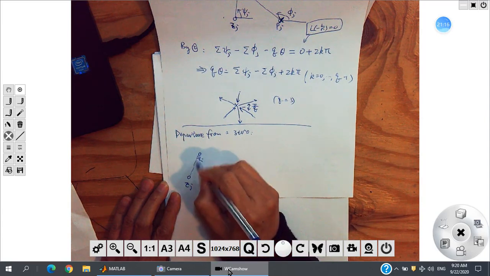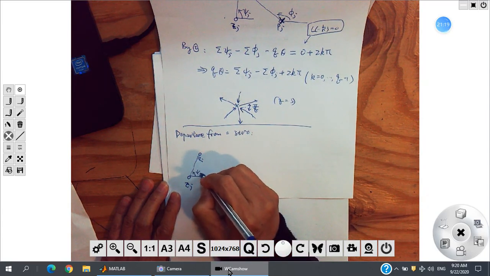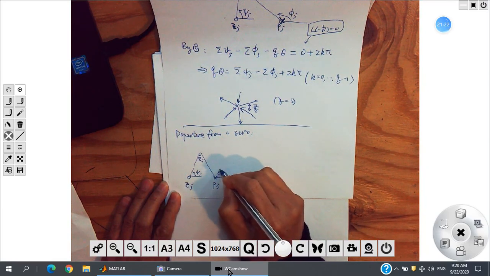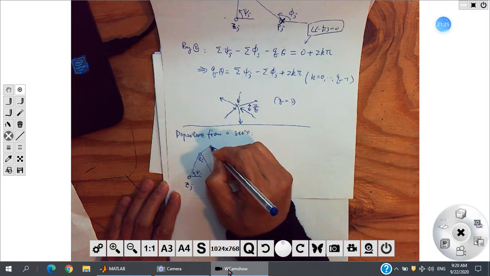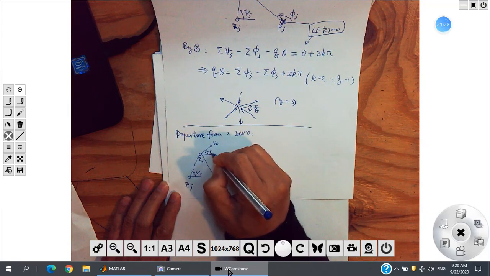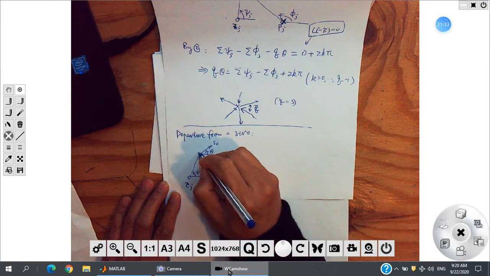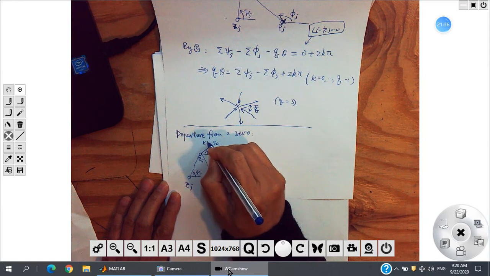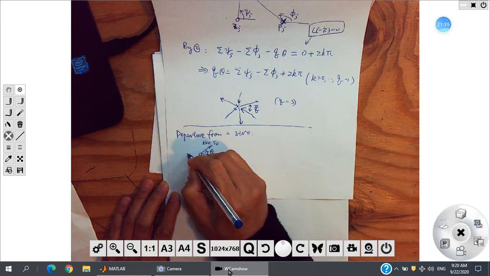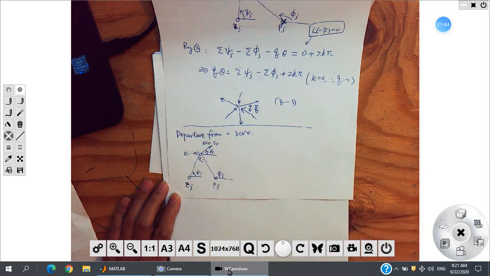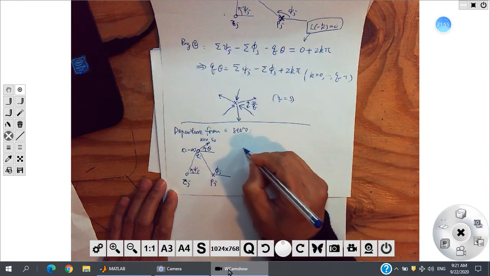And this angle is ver phi j, and this angle is phi j, and here we have S0. We want this angle theta. Now it's a departure, so it should go this way. Okay, this K is a negative value, and this K you think of as negative infinity. So K is positive infinity and negative infinity. That will be the same point.